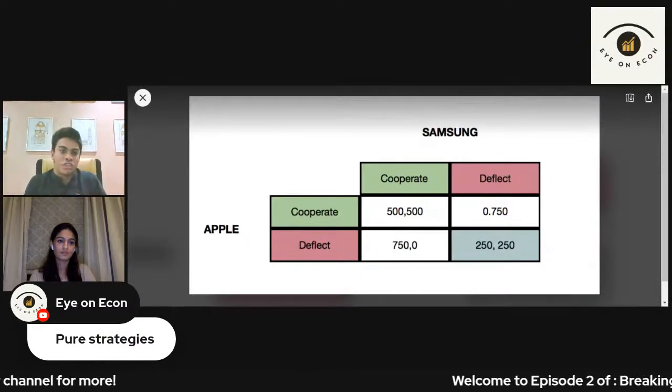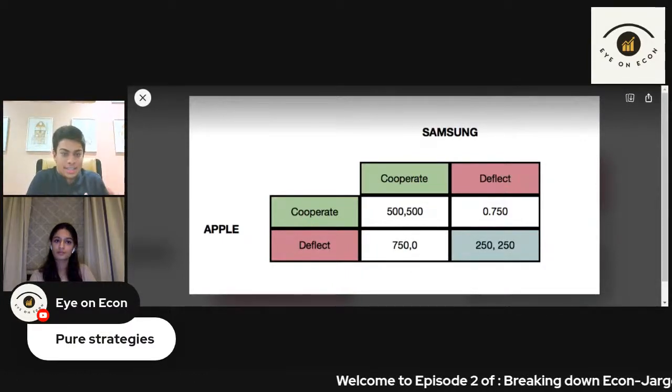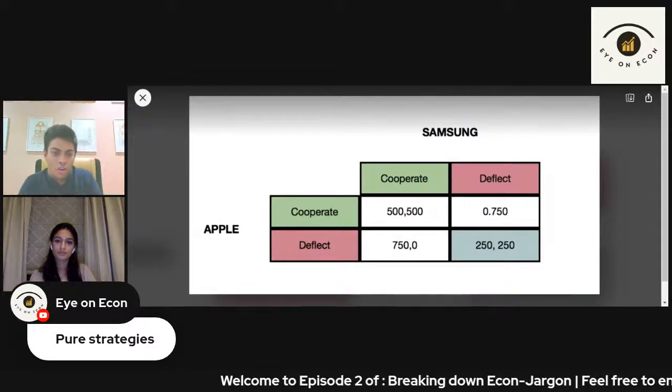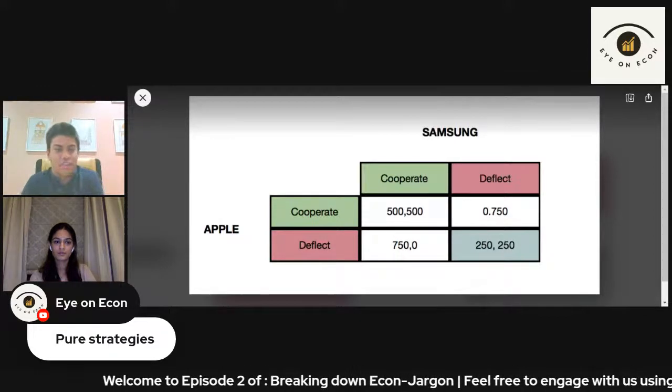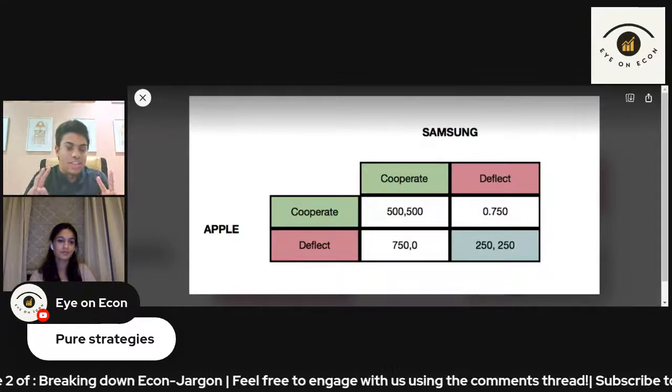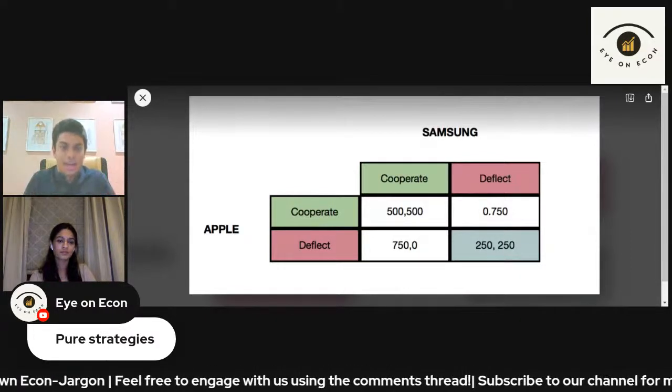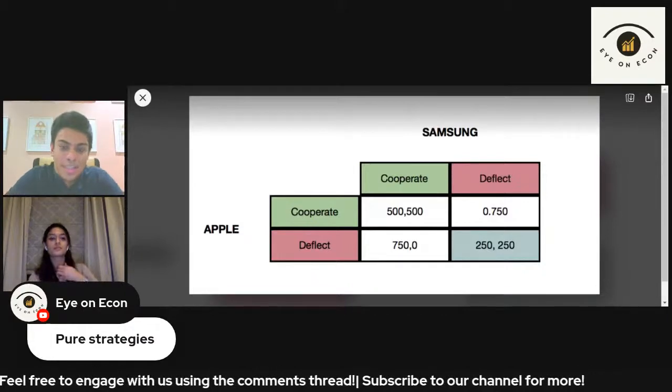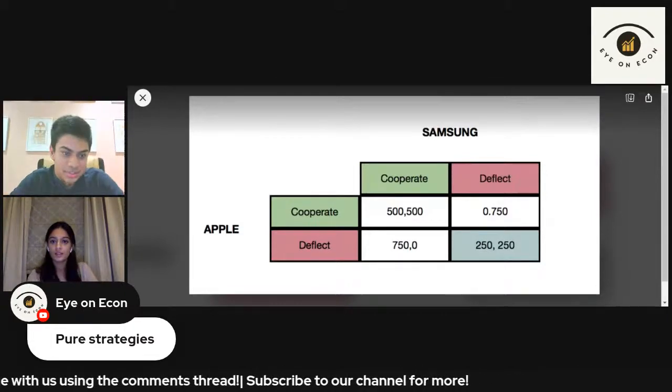They both have two strategies independently: either to cooperate or to defect. Sanaa, do you mind breaking down this payoff matrix for our viewers?